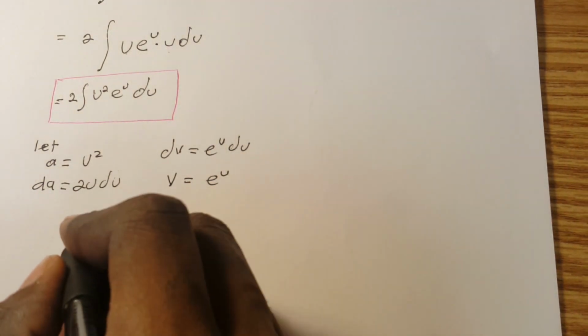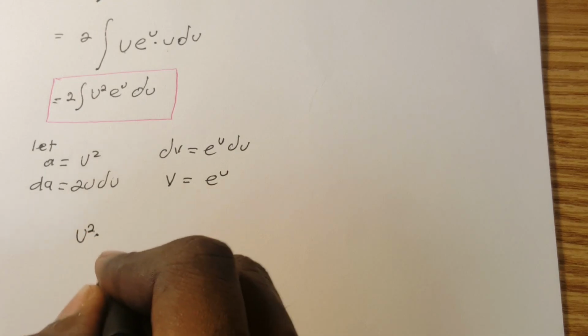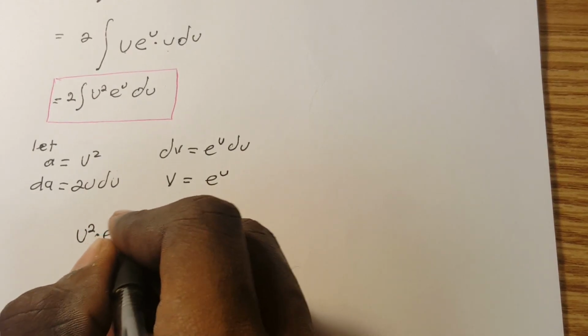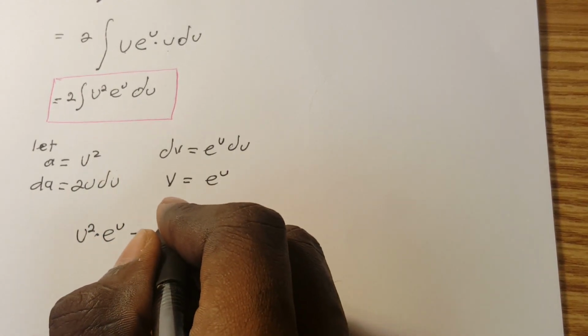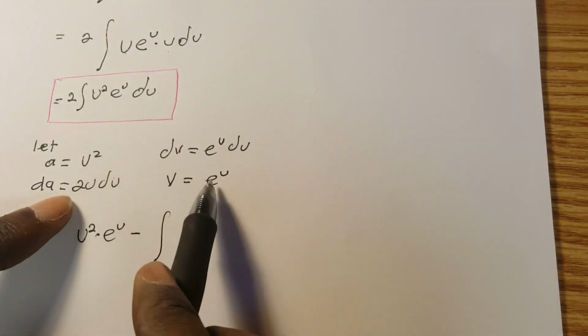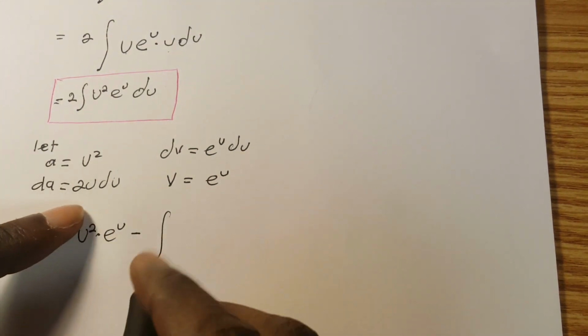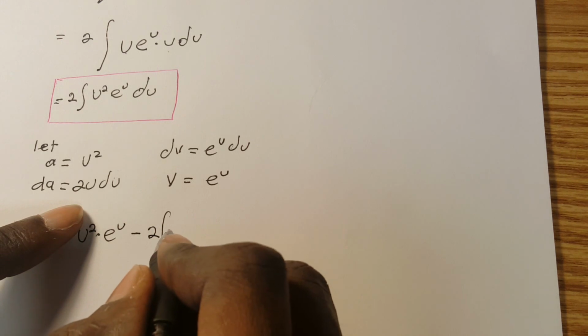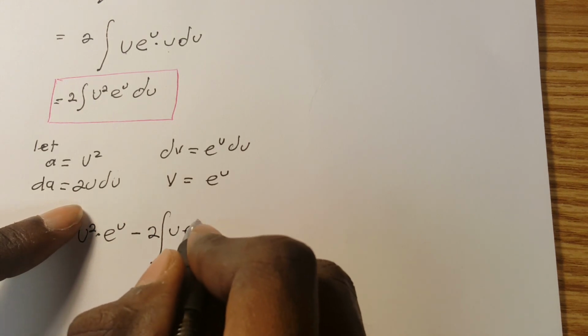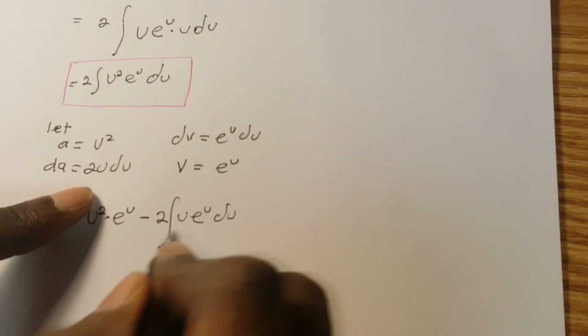So we're going to have u squared multiplied by e to the u minus that, then this times that. So we bring our 2 out, then we have u e to the u du.